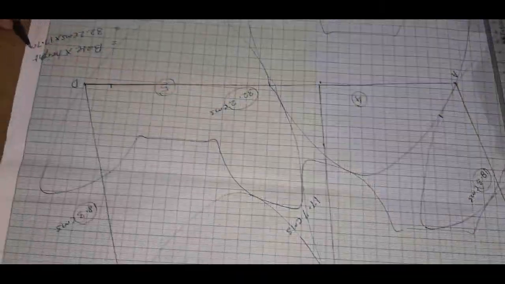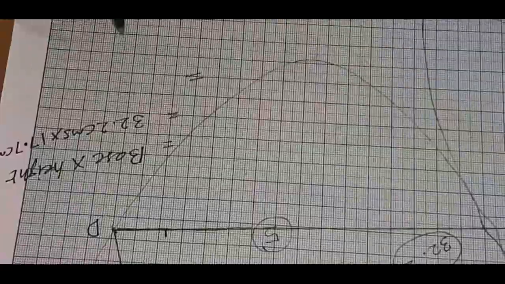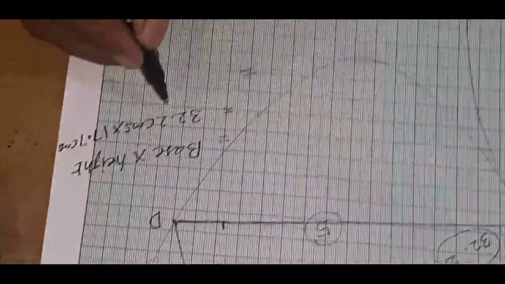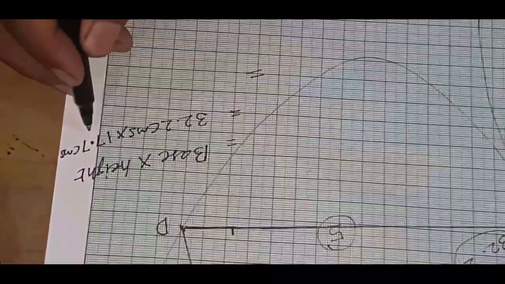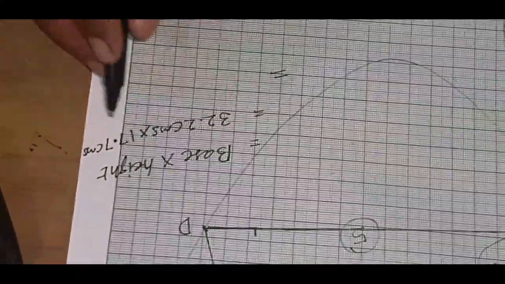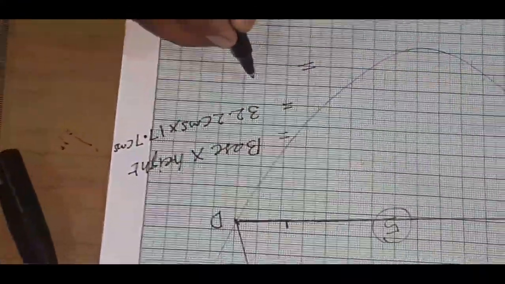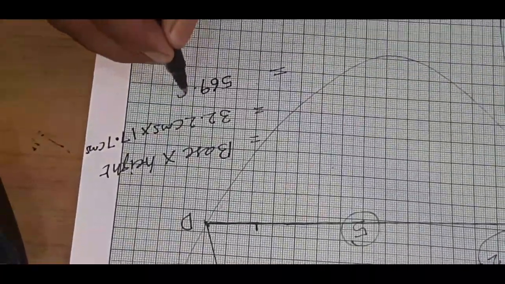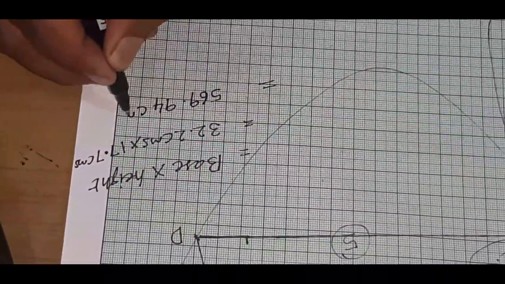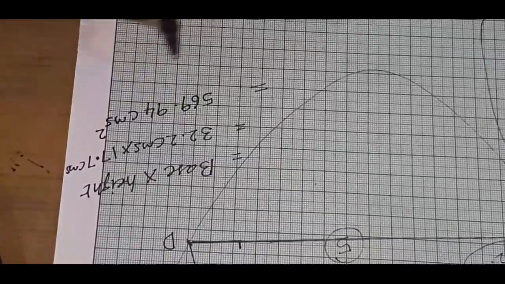So if you multiply, 32.2 centimeters is the base, multiplying 17.7 centimeters, it is the height. So if you multiply both, it comes to 569.94 centimeters square.